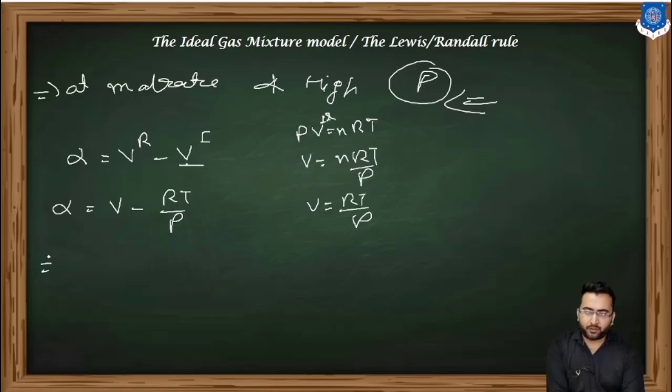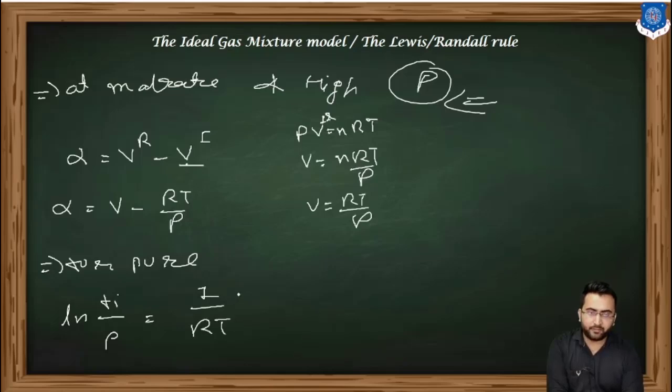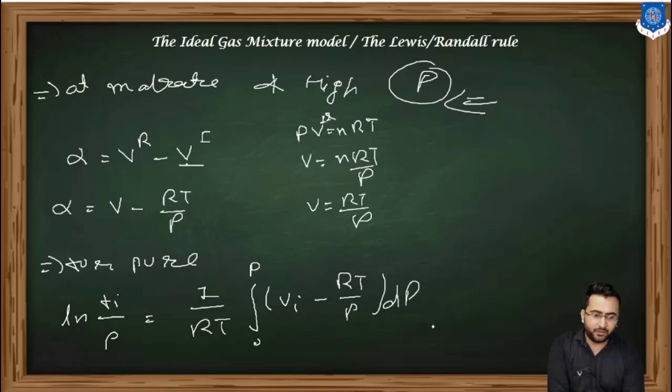For a pure component, ln fi upon P is equal to 1 upon RT, integration from 0 to P of Vi minus RT upon P into dP. This becomes our equation number 1.